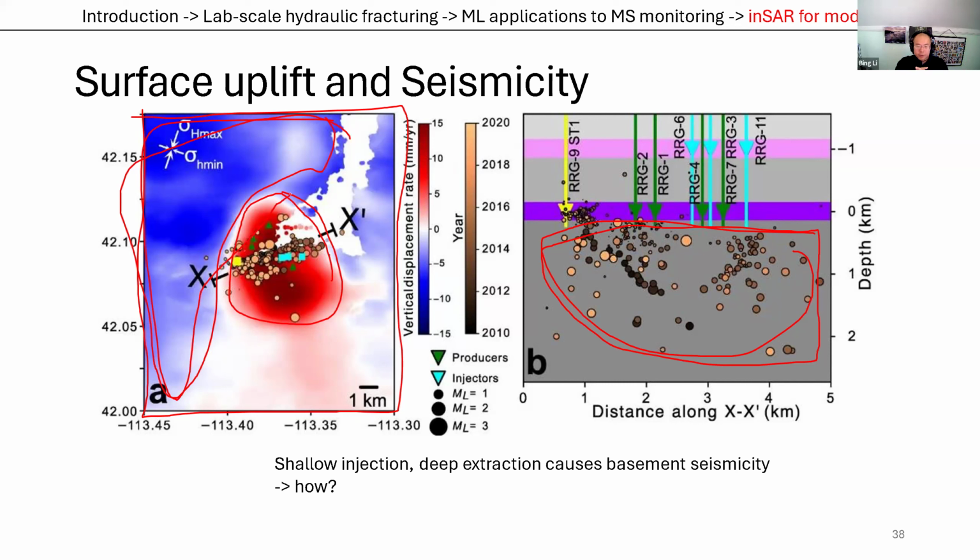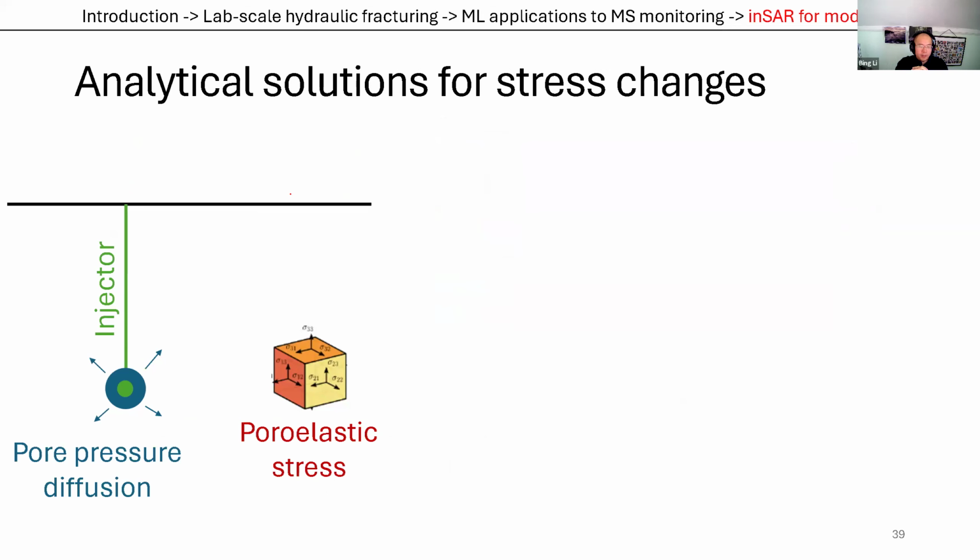We wanted to use this InSAR to try and study what might actually be going on, what's causing this basement seismicity, even though our injection is shallow, right? There are two mechanisms that are most likely at play here. The first is pore pressure diffusion, which is very straightforward: you have fluids being injected into the subsurface, these fluids elevate the pore pressure near the borehole, and this bulb of elevated pore fluid diffuses throughout your medium.